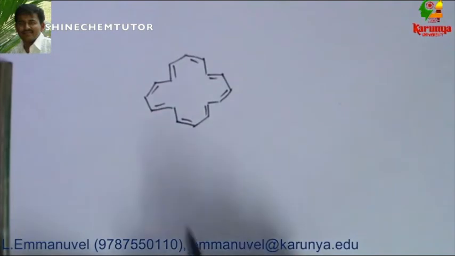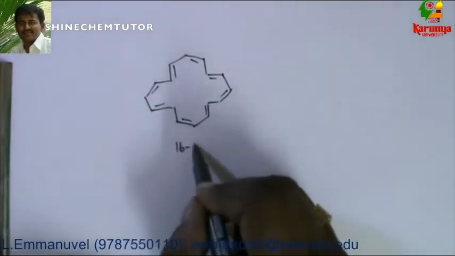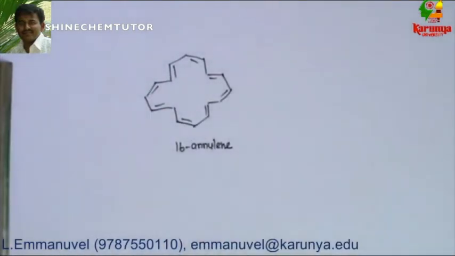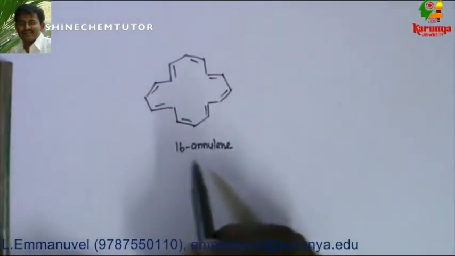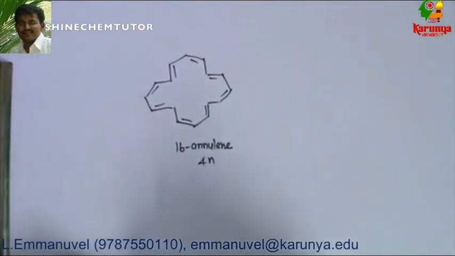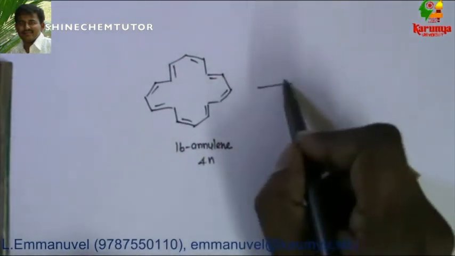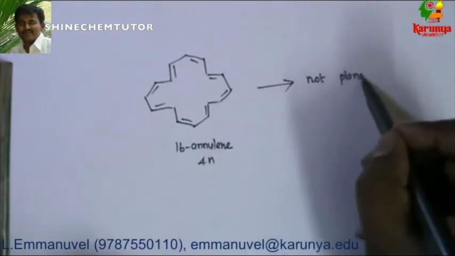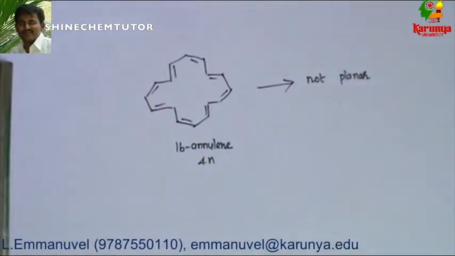Look at the system. It is [16]annulene. The number of electrons is a multiple of 4, so it is expected to be anti-aromatic, but it is not planar. So it is a non-aromatic compound.